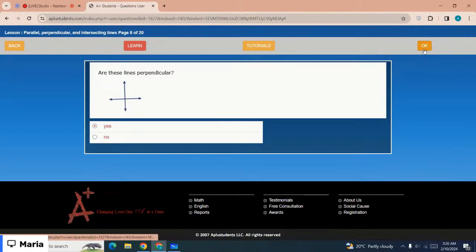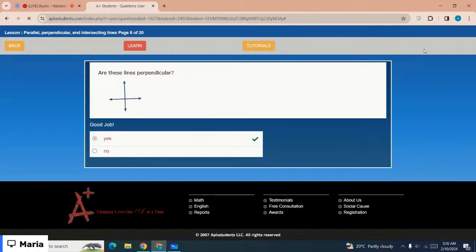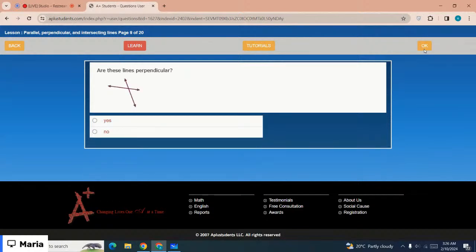The correct option is yes. Are these lines perpendicular?